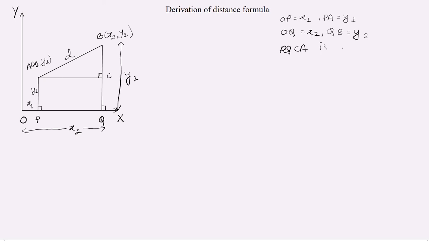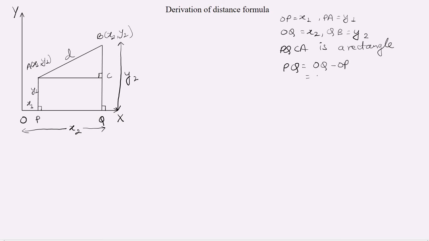PQCA is a rectangle. It means its opposite sides will be equal. What will be the measurement of PQ? In line segment OQ, we know the value of OP as x1, OQ as x2, then PQ will be OQ minus OP.